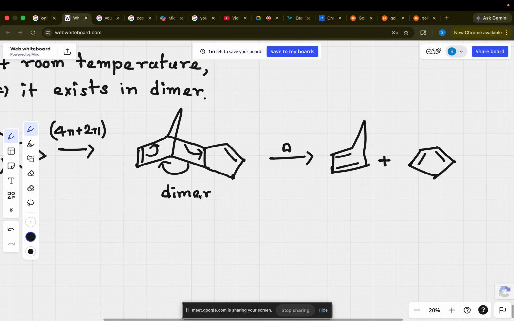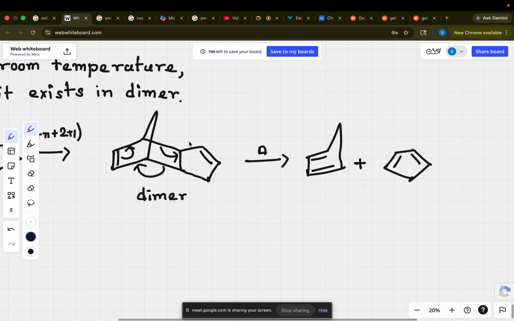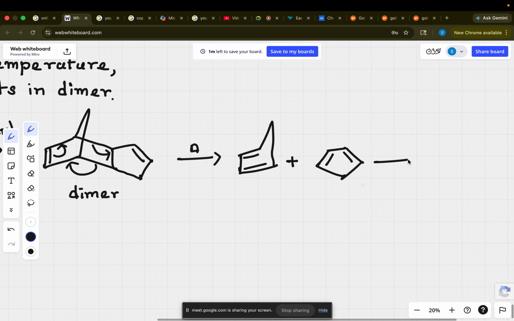So at room temperature it exists as a dimer. If you want specifically one cyclopentadiene, you have to heat it and increase the temperature from room temperature. If you do that, it will exist as your monomer.